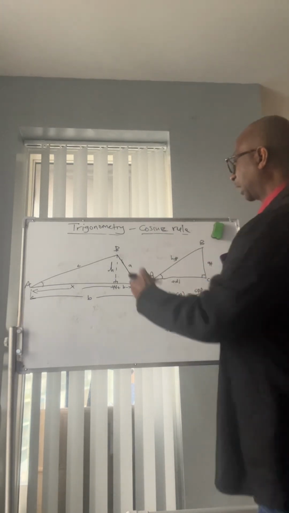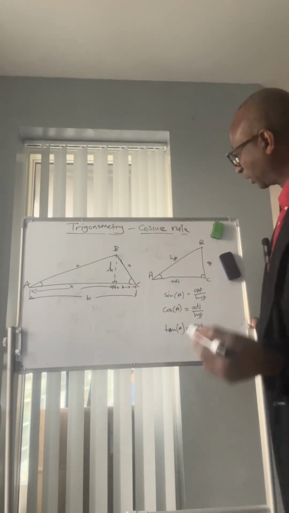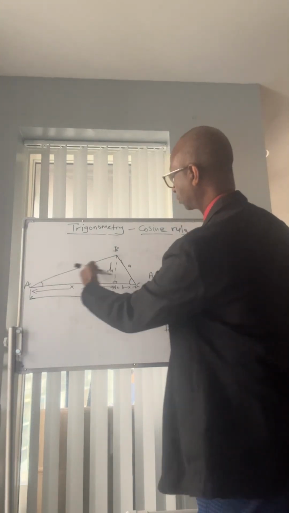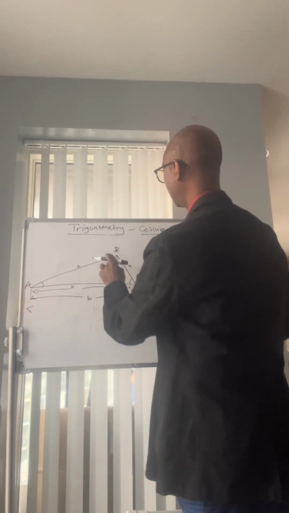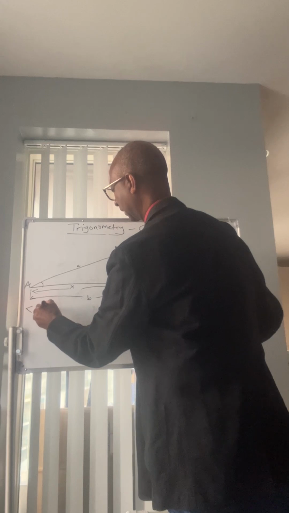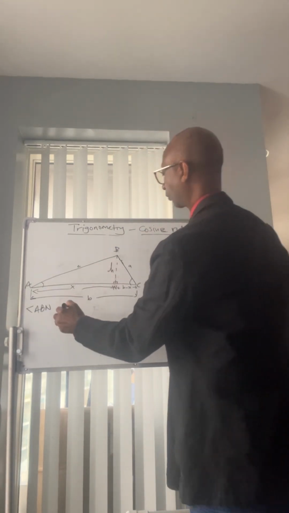In any triangle, the square of the hypotenuse is equal to the sum of the squares of the other two sides. So in this triangle, let me start with the big one. We have triangle ABN, that is this one, this one, this one.